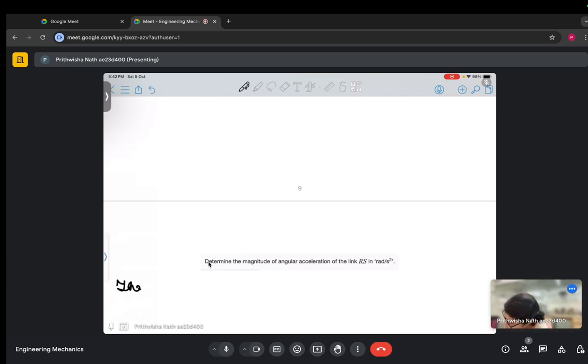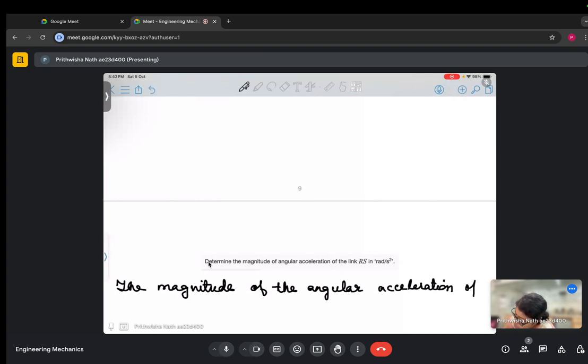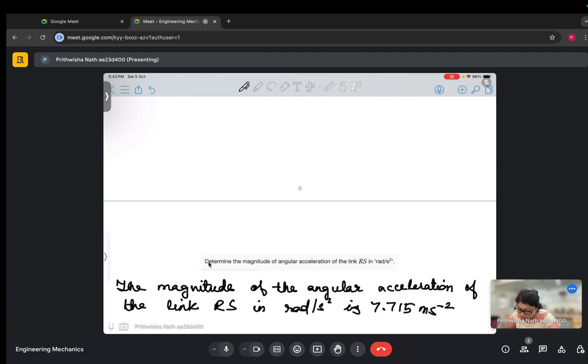So the magnitude of the angular acceleration of the link in radian per second squared is, we already found it out, so that is nothing but 7.715 radian per second square.